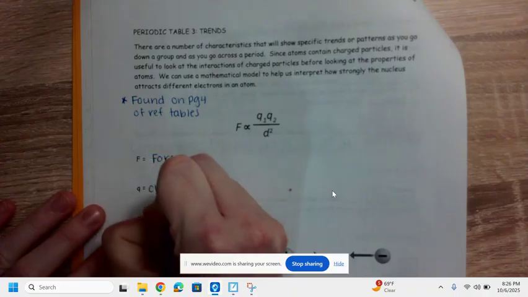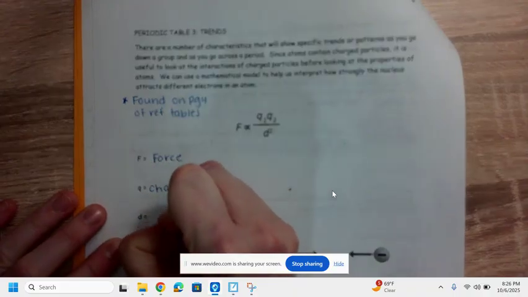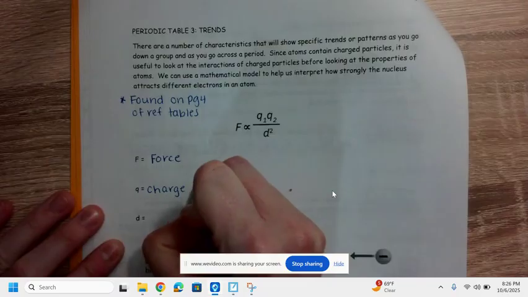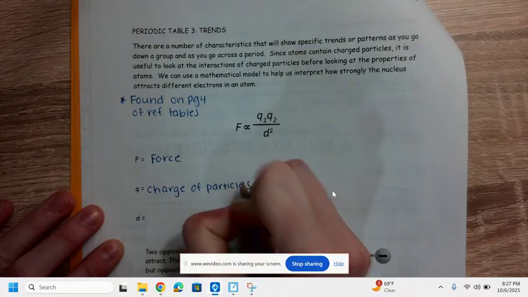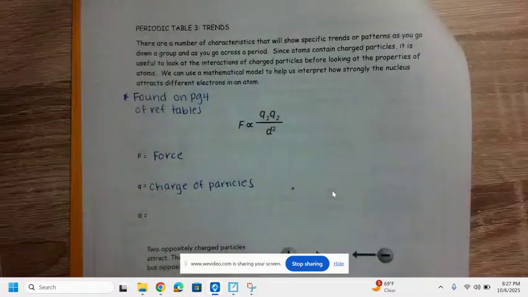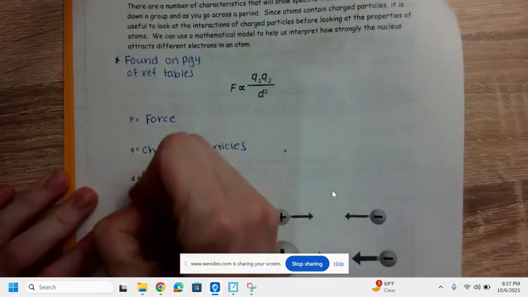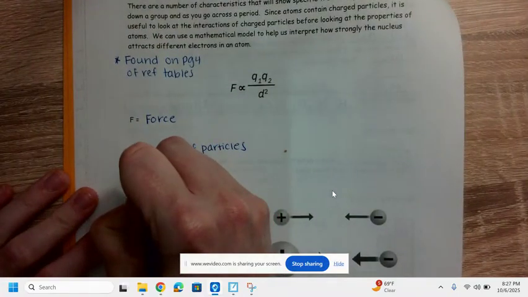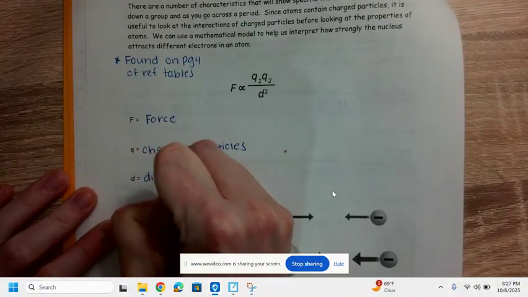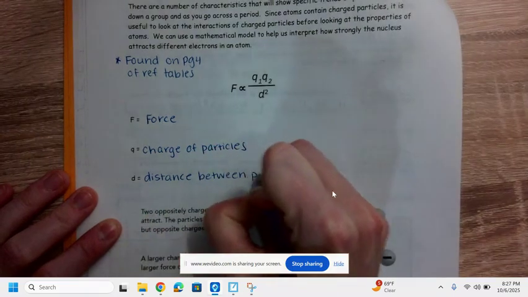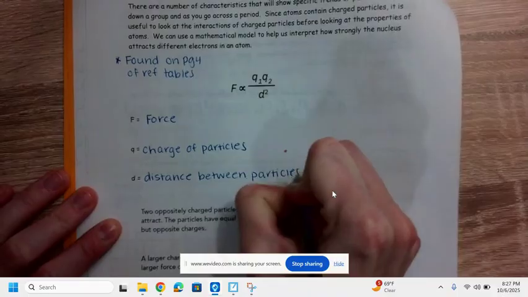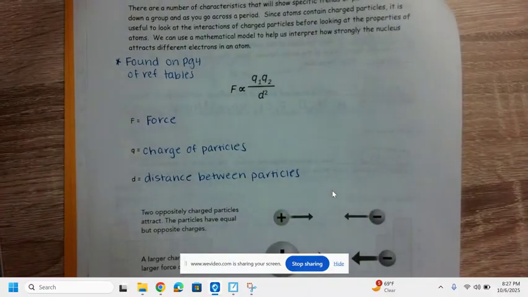So Q is the charge of your particles. And then d is the distance of separation between your two particles. So we're going to write distance between particles. All right, so we have force, we have the charge of the particles, and the distance between the particles.